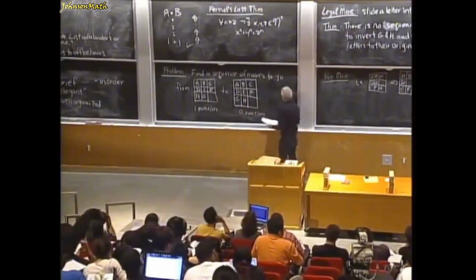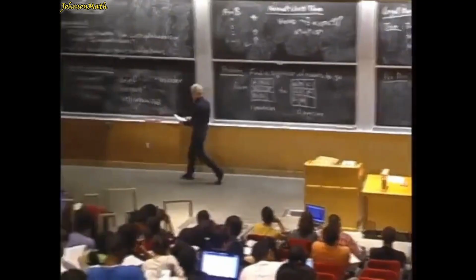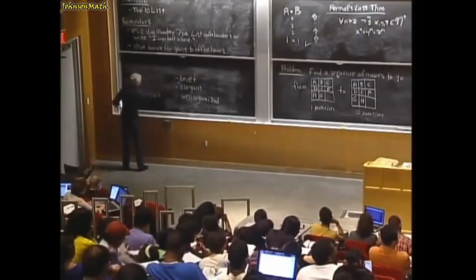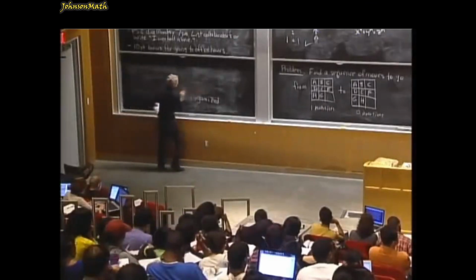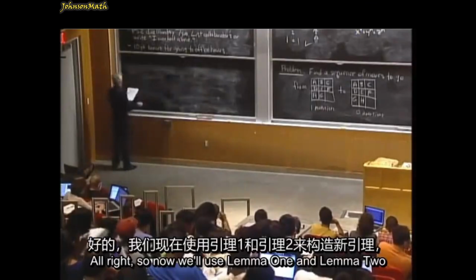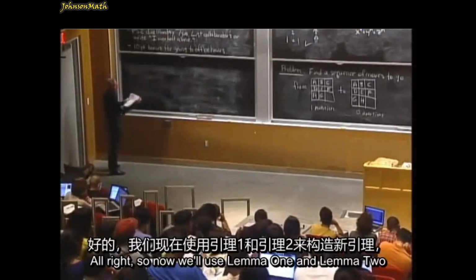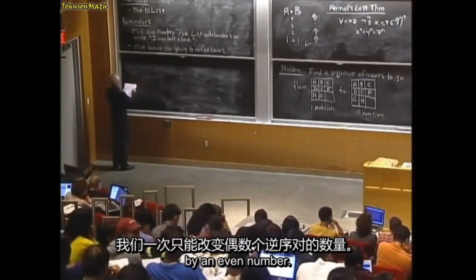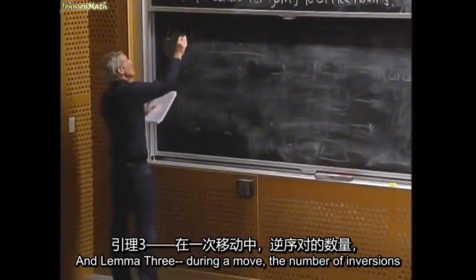All right, let's go over here. All right, so now we'll use lemma 1 and lemma 2 to create this notion that we only change the number of inversions by an even number in lemma 3.